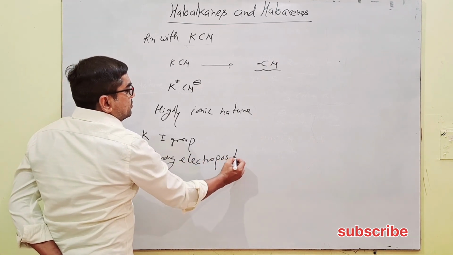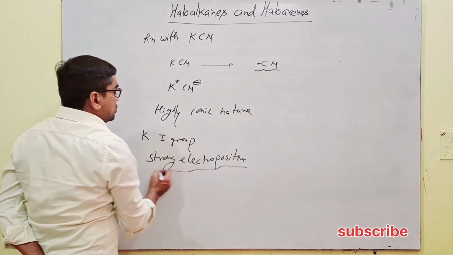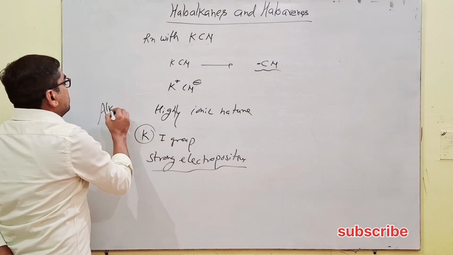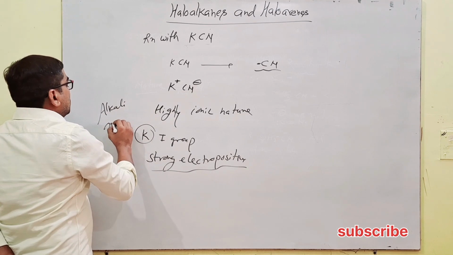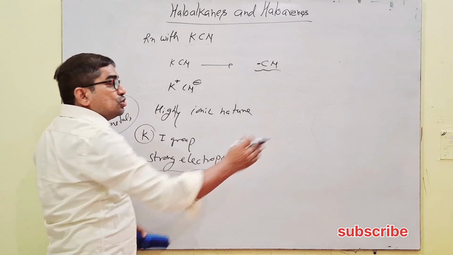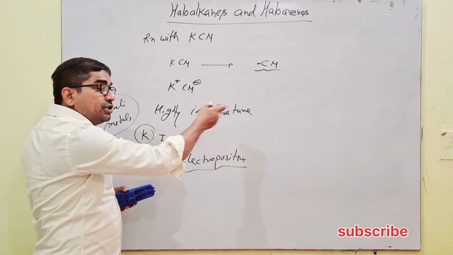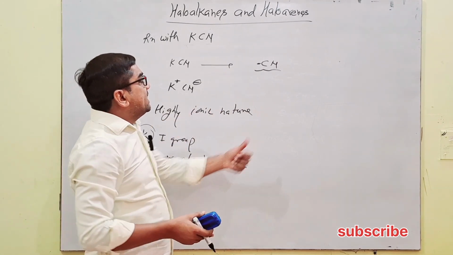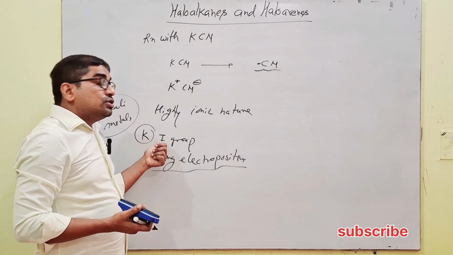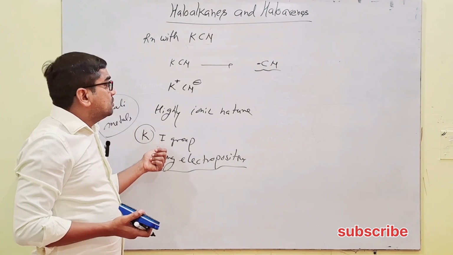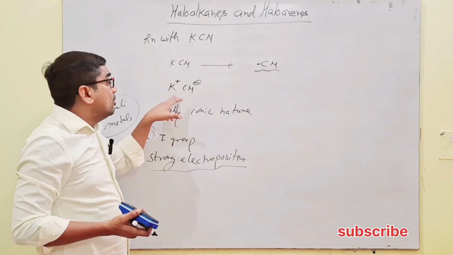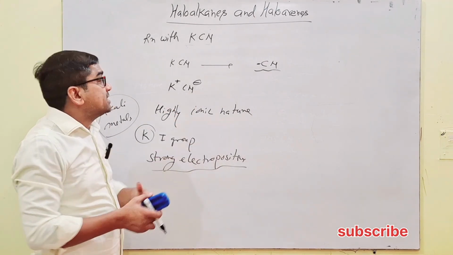Periodic table में पढ़ चुके हैं. Strong electropositive का होता है because potassium is an alkali metal. All the alkali metals are the most electropositive in a particular period. किसी एक particular period में alkali metals strongest electropositive होते हैं. That's why preferably this KCN bond is highly ionic in nature.